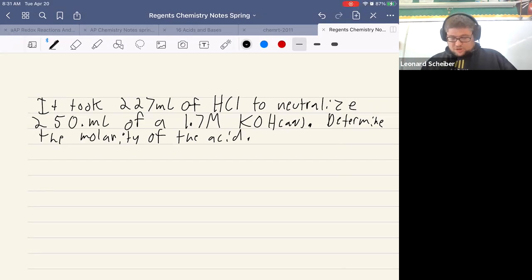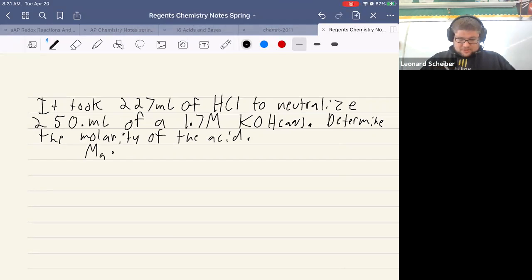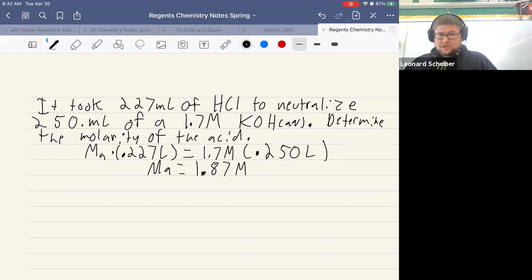So same equation, except this time we have the unknown as the molarity of the acid. That times 0.227 liters, because you have to convert that, equals 1.7 molar base times 0.250 liters. All right, you do the math. Ma equals 1.87 molar. So that's how we do that, okay?